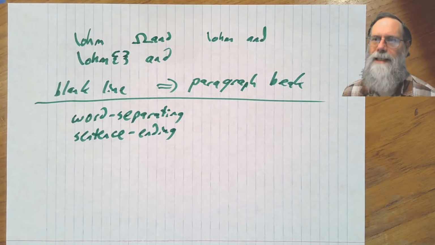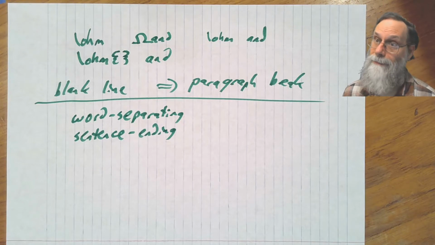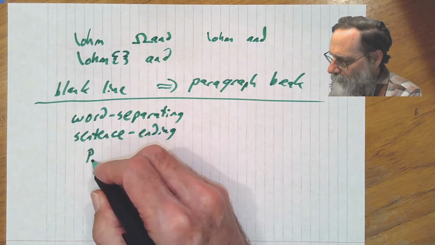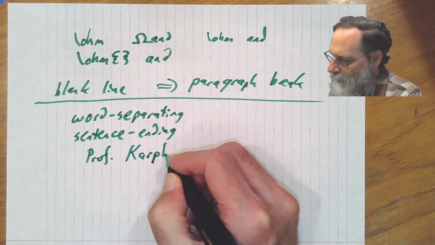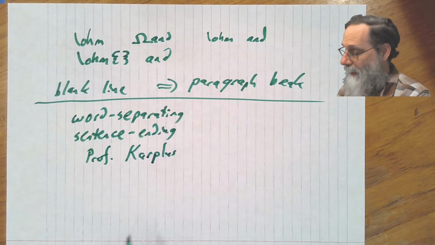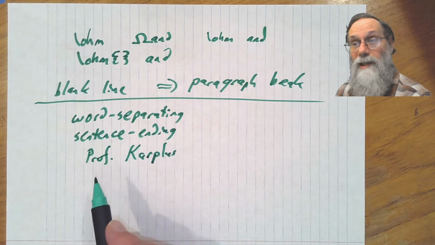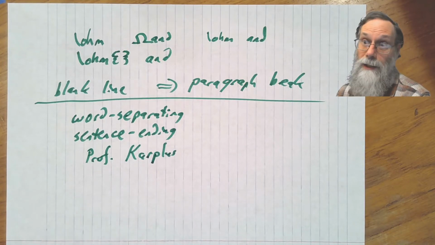LaTeX has to guess whether something is a sentence ending space. It'll say, oh, there's a period here, and that's probably the end of a sentence. Sometimes it is and sometimes it isn't. For instance, if you have an abbreviation for a title, the period after "Prof." is not sentence ending, but LaTeX would think it is.